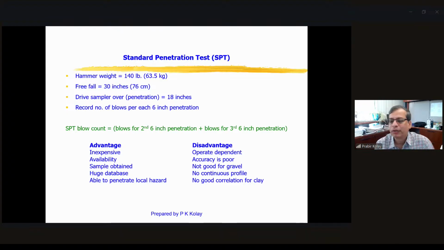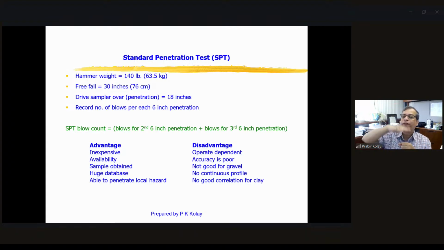SPT, as I'm just going to tell, is a very common thing people use, and most of the boreholes have just the SPT value. SPT uses a 63.5 kg hammer, and the height of fall is 76 centimeters.